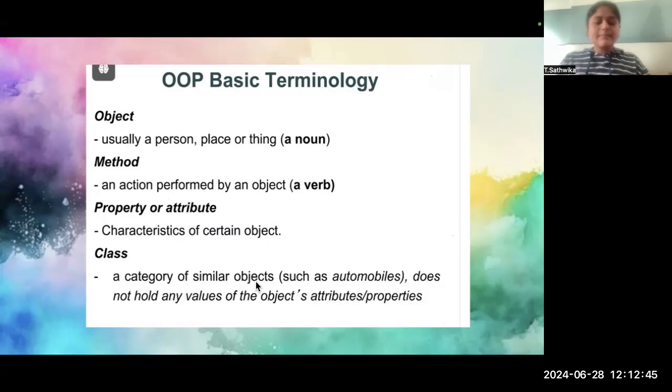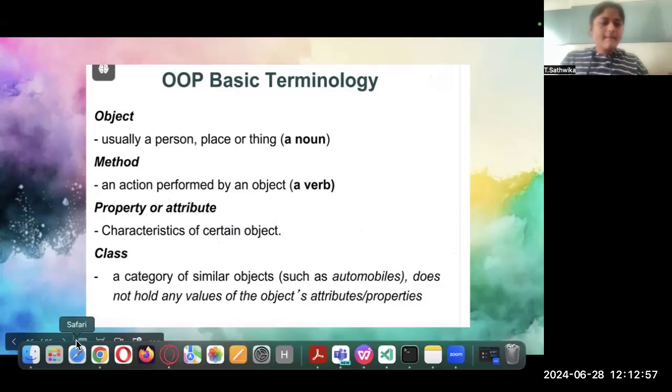If we consider an example, let's say mobile: Mobile is a class, and the different brands involved, like Samsung, iPhone, Vivo, etc., are the objects.